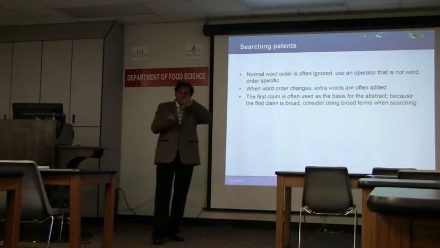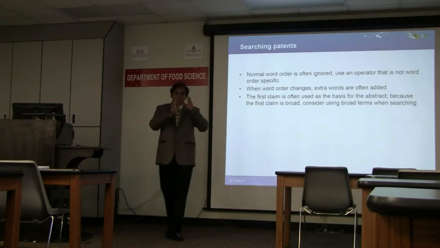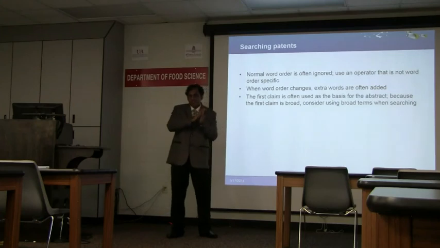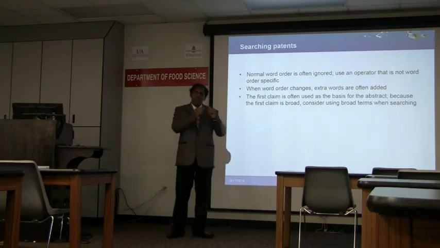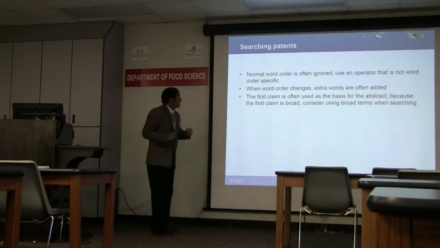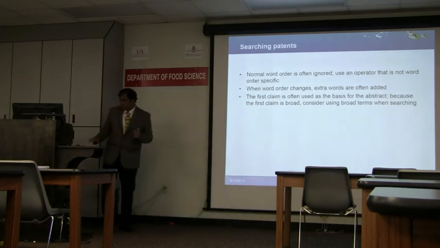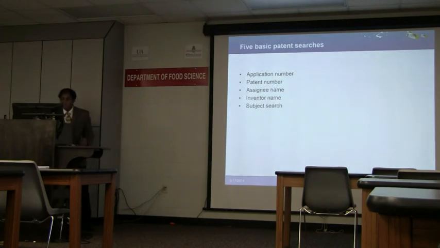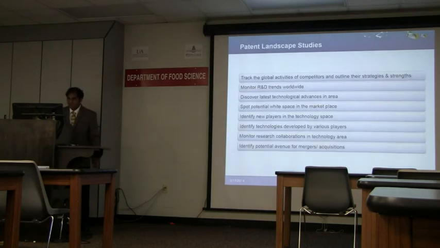The operator adjacent searches only adjacent, but if you use the operator near, whether the word is on this side or that side, it will search both ways. So you have to be choosy about your database and the operators also. You can do searches based on application number, patent number, assignee name, inventor name, or subject search. These are different ways you can search for your prior art.